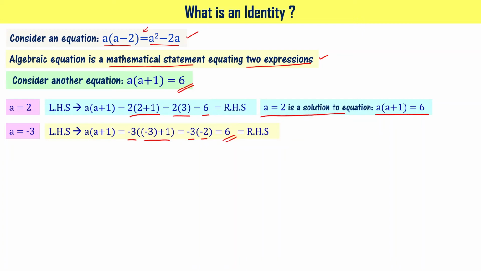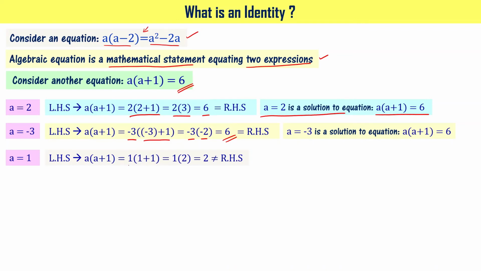That's why we say that a equal to minus 3 is also a solution to the equation. Now let us consider a equal to 1. LHS is going to be 1 times 1 plus 1, that is equal to 1 times 2, that is equal to 2, which is not equal to RHS. RHS is 6, right? That's why what we say is a equal to 1 is not a solution to the given equation. Please note this.